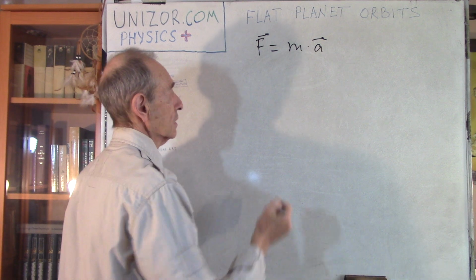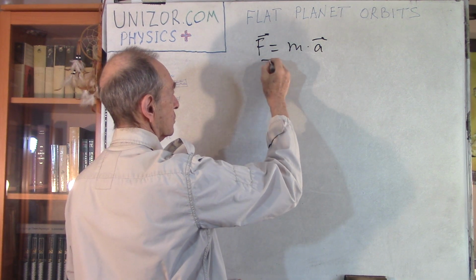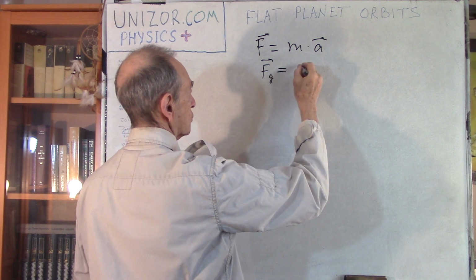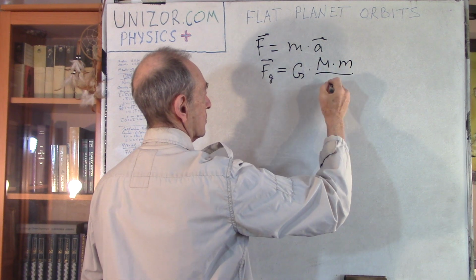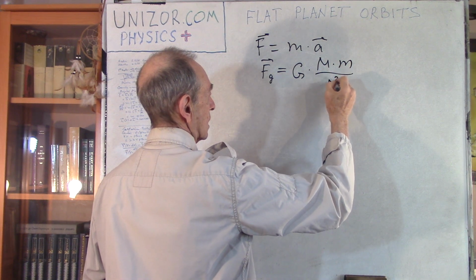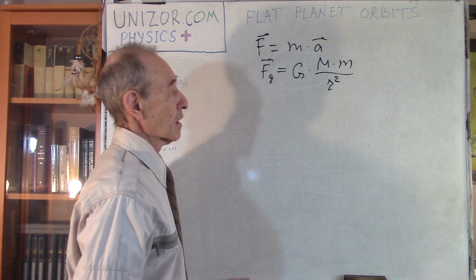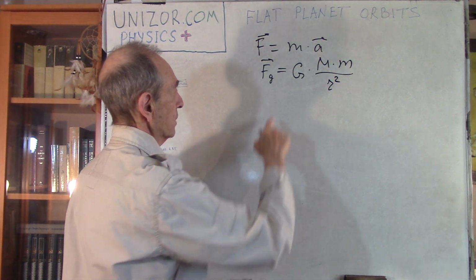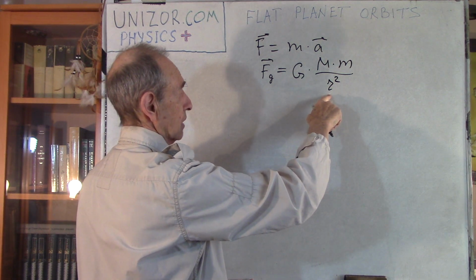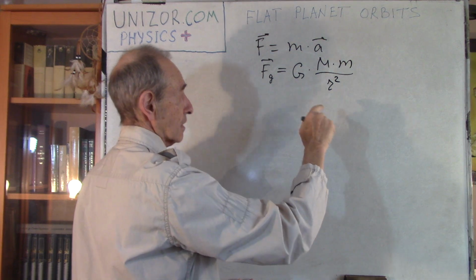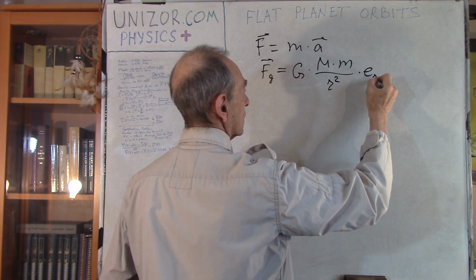And the second one is that F of gravitation, basically, is equal to some kind of a constant, one mass, another mass, and it's inversely proportional to the square of the distance between them. But this is a vector. I would like this to be also a vector. Now, r is a distance, not a vector. So I have to multiply it by something like e_r.